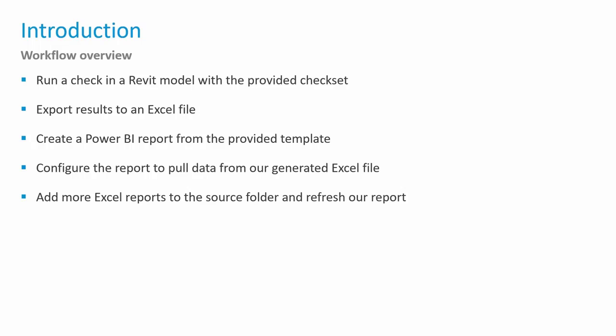And we specifically point to a folder and not an Excel file because over time, as our design evolves and as our work and our model evolves, we can continue to run our Model Checker report against that model and collect data inside of that specific folder, and our Power BI dashboard will evolve and show the updated information from those reports.